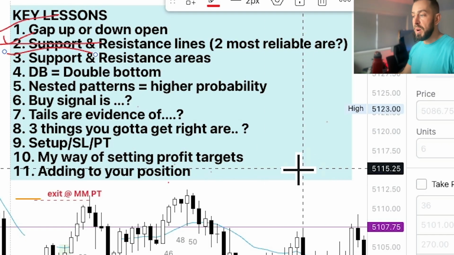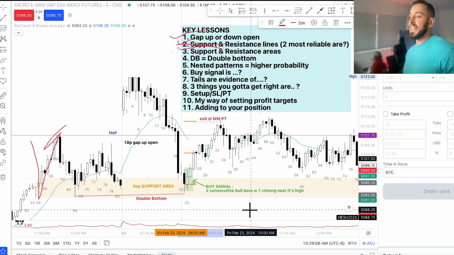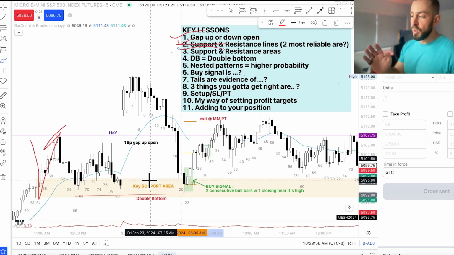Number 4, double bottom. What happens when the price comes into this support area? So it's not as simple as a key support line, because with a key support line, if it cracks that line, then support turns into resistance or vice versa. However, in a key support area, what you want to do is watch how the price reacts to that area. So that requires more patience.